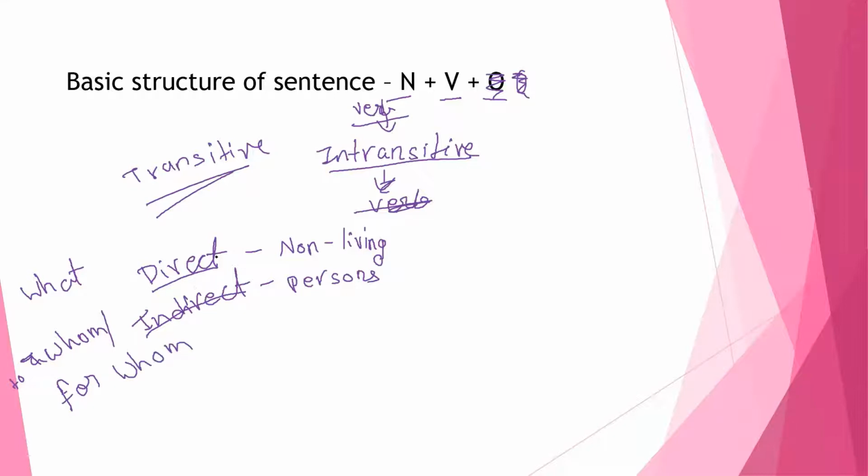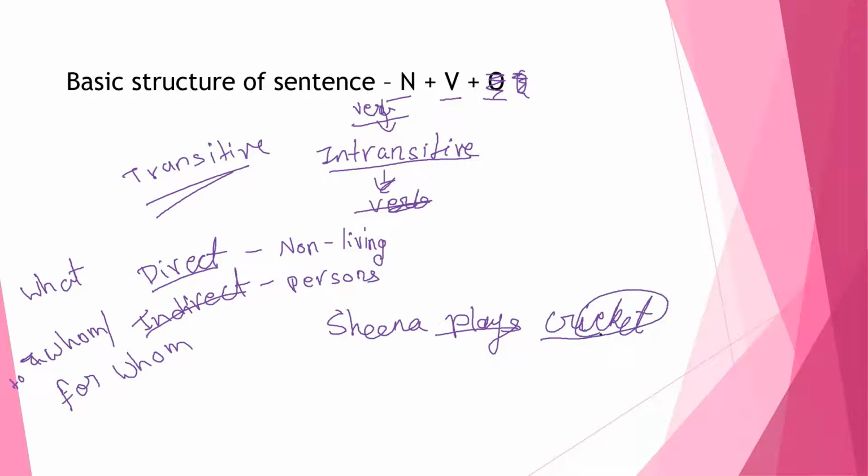So now, our example was "Sheena plays cricket." Now, if I ask the question to the verb plays, Sheena plays what? I get the answer cricket.